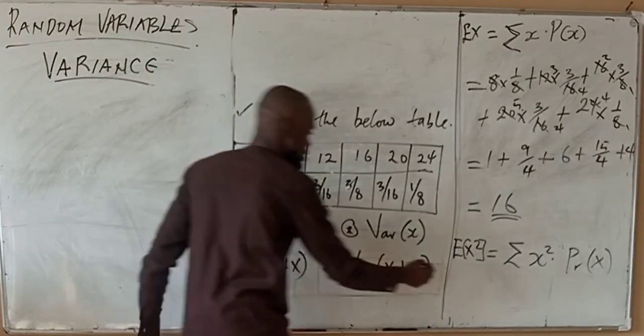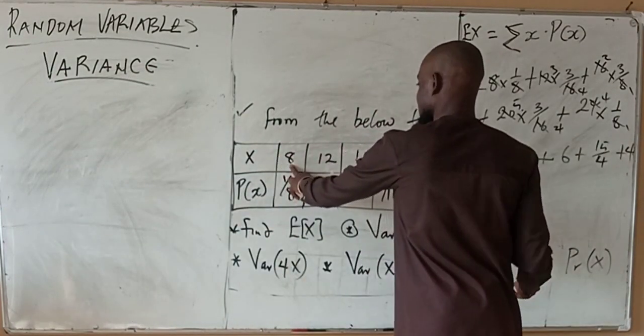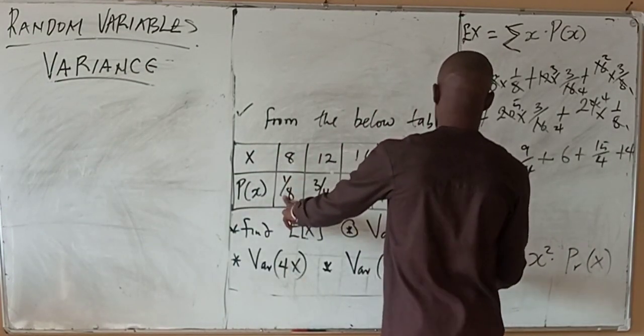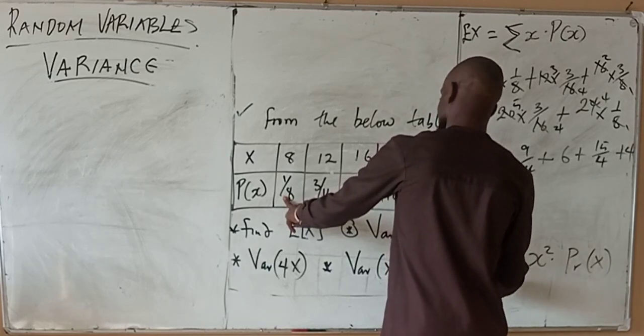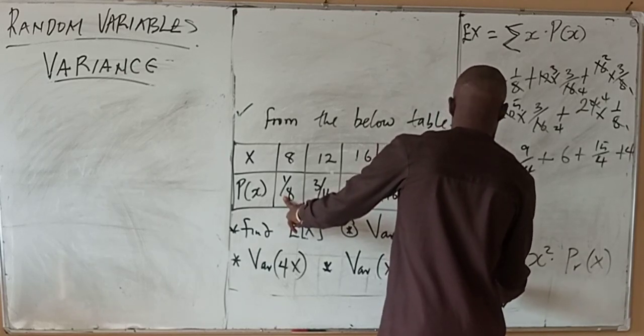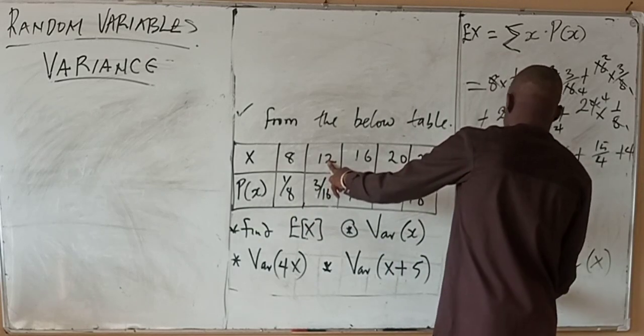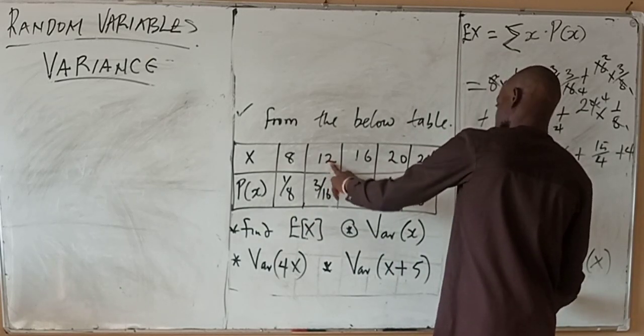So let's start. We square this x and multiply by its probability, and do the same thing for each value. Then square this, multiply to this.